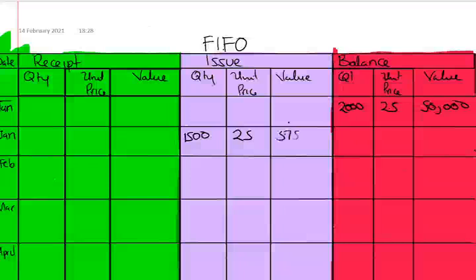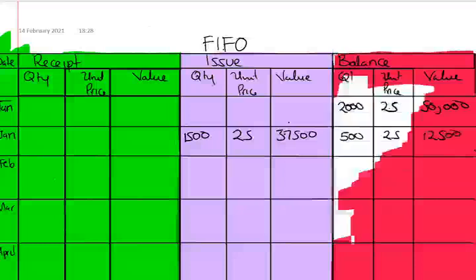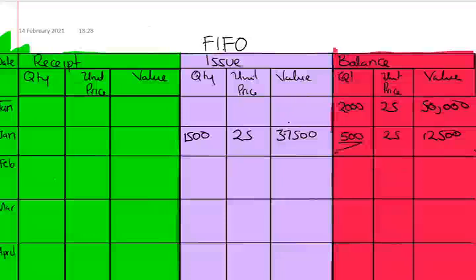Meaning in our inventory, only 500 is remaining at 25. If you value that, it's supposed to be 12,500. Meaning that's what is remaining in our balance. Meaning 500 units, and the value is 12,500. Now let's go in February.